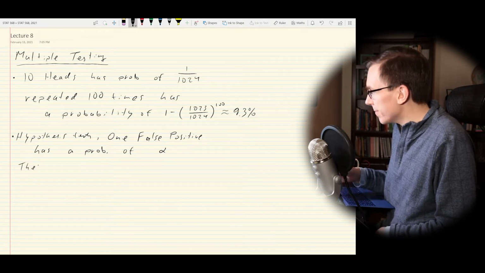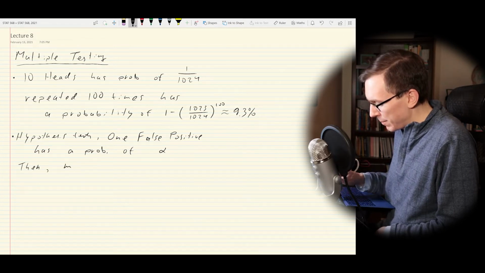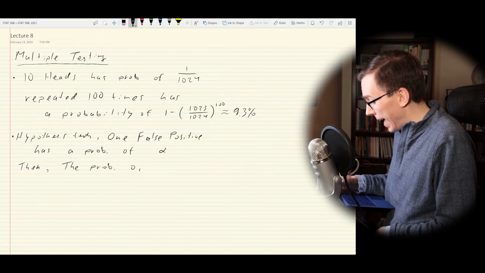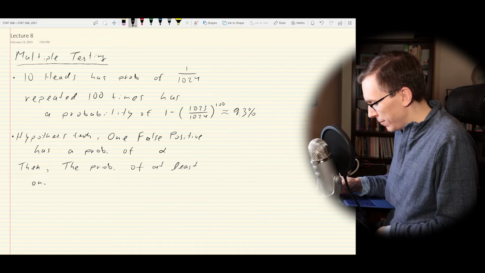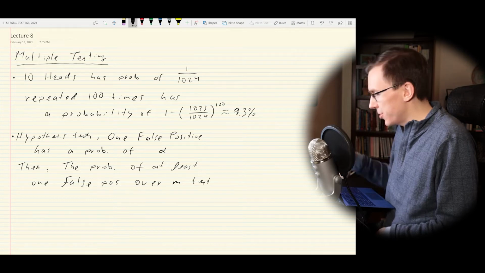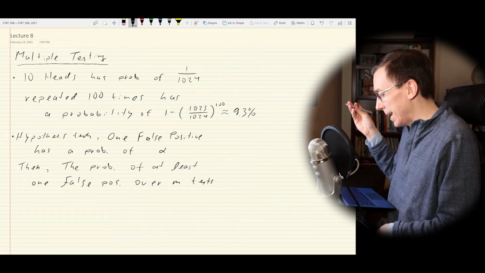Then, to make this more precise, the probability of at least 1 false positive over M tests. So in this section, M is going to be the number of hypothesis tests that we're performing.